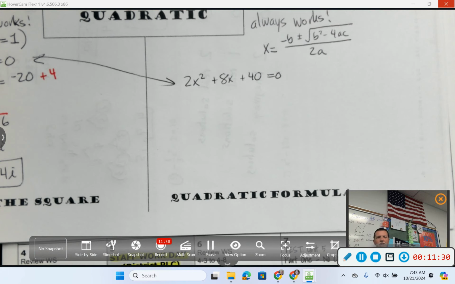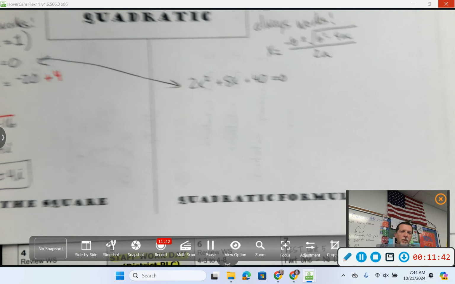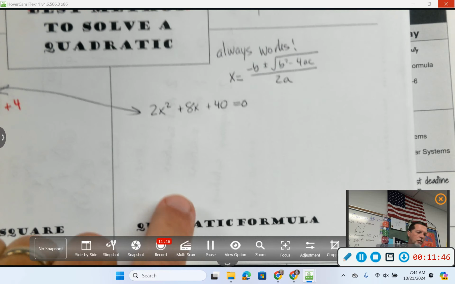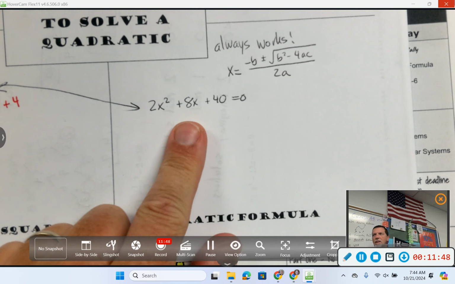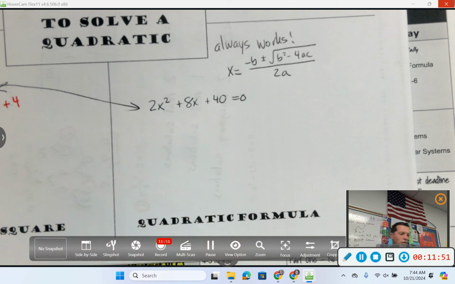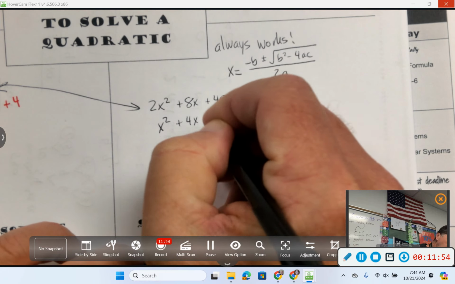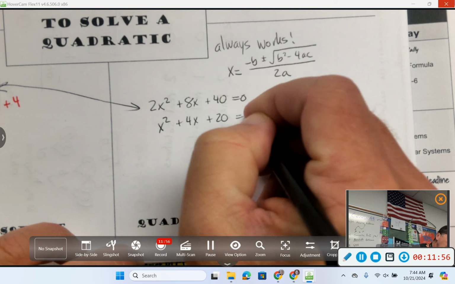Obviously we should get the same answers, but let's just confirm. And then we'll also learn if we really do think this is the easier method. I think it is, but we'll see. So forget what we just did, even though we already know the answer. We're going to get there a different way. What would you like to do first on this one? We can still divide by 2. Make our life easier. X squared plus 4x plus 20 equals 0.